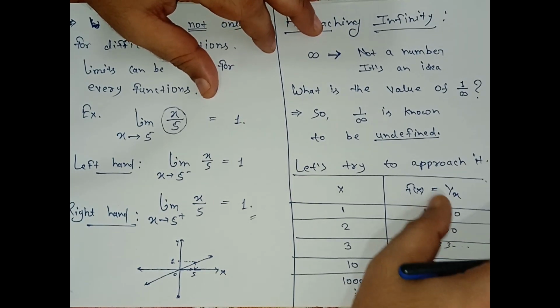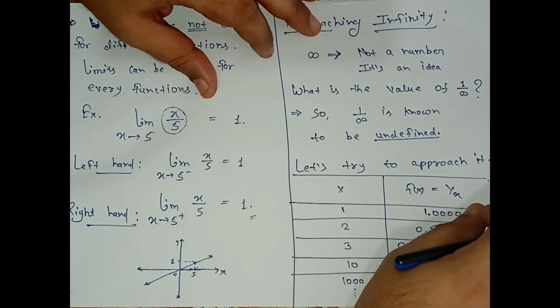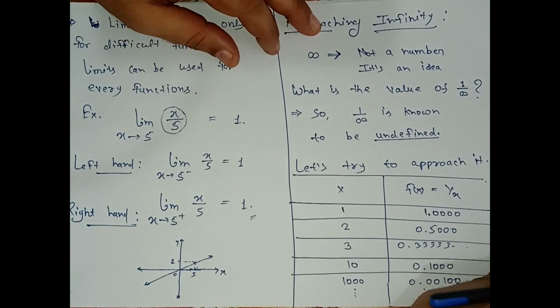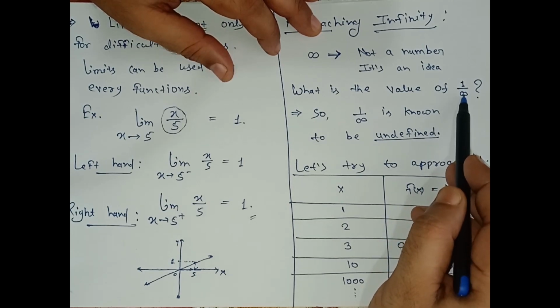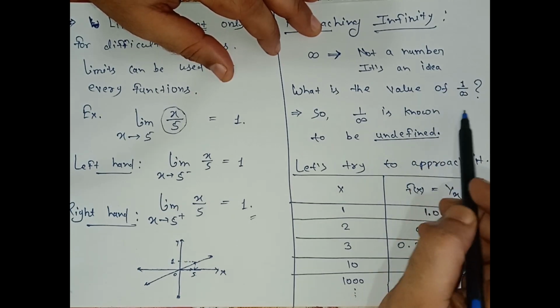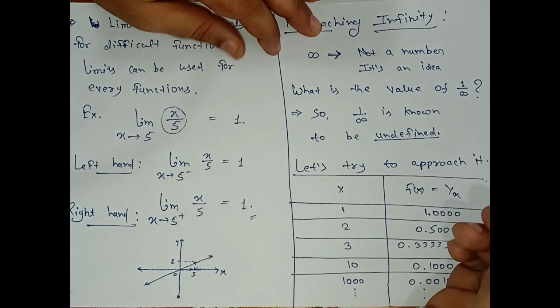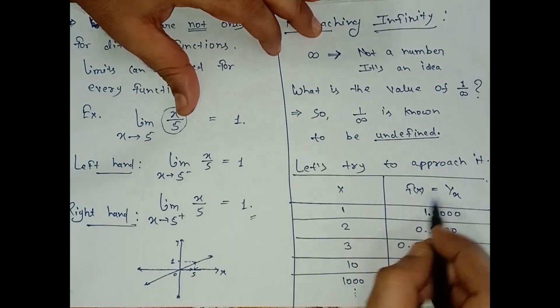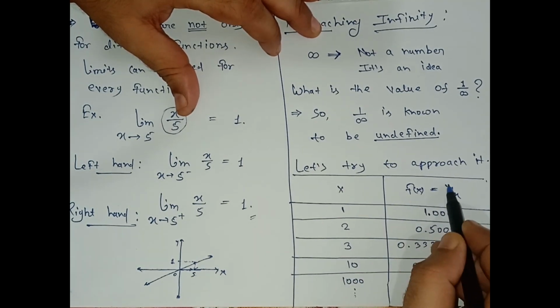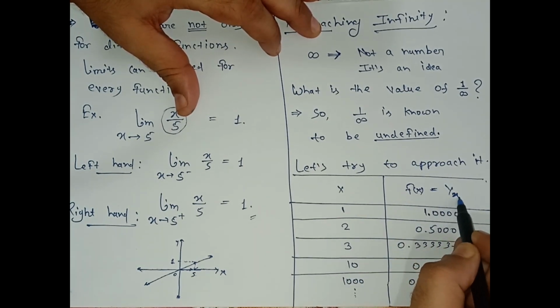Okay, so now let's try approaching. If we substitute the direct value infinity, it is undefined. Now let's try to approach it. Suppose this is a function f(x) is equal to 1 upon x.